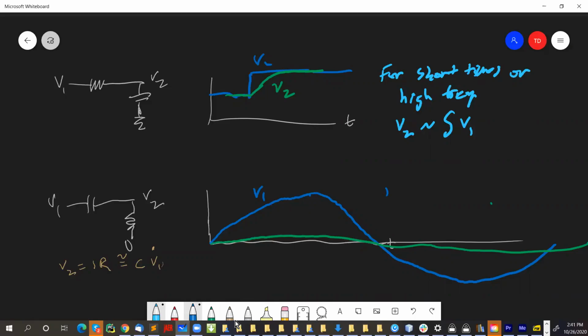So that means for slow input, or low frequency, V2 is approximately proportional to V1 dot. And that's why it's a differentiator. Is that clear? Okay, that's why they're called integrators and differentiators.